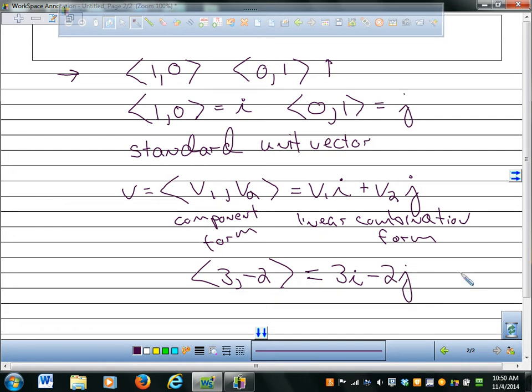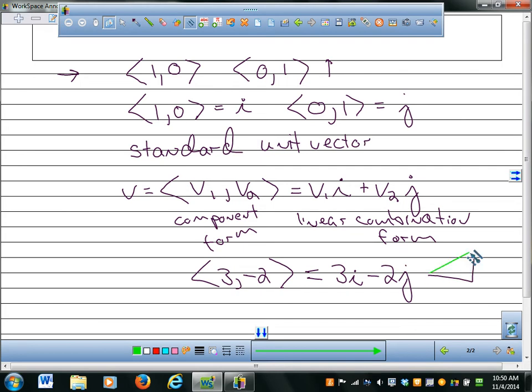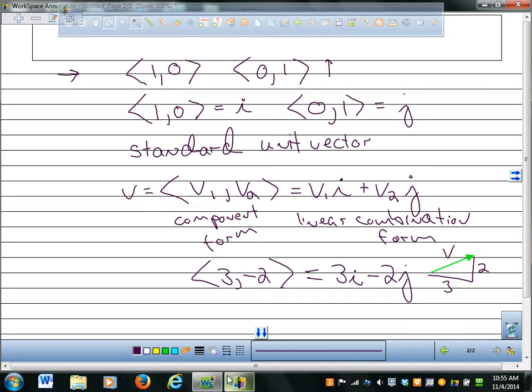It's a vector that's over 3 and up 2, which would look something like that. Questions? Easy.